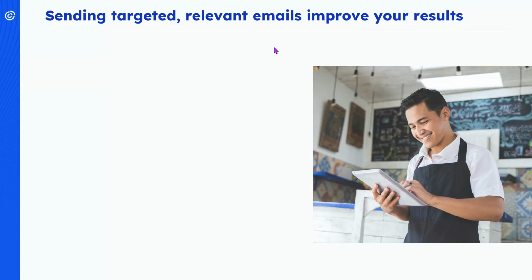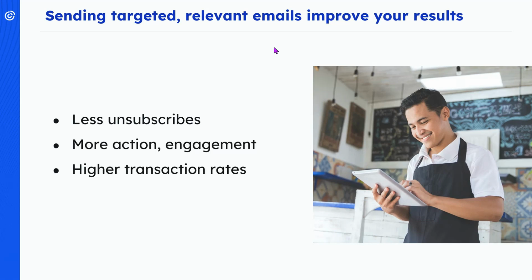Now, people who receive relevant emails personalized to their interests leads to fewer unsubscribes, more action, more engagement, and six times higher transaction rates. In turn, this allows you to build relationships so people will be more inclined to keep coming back and doing business with you and even refer you to their family and friends.